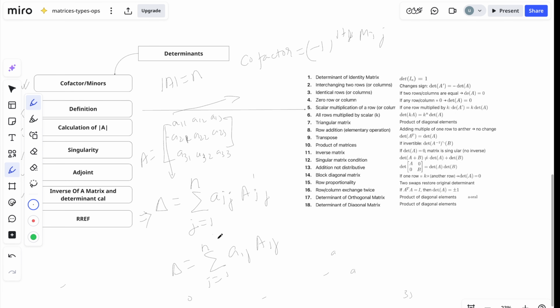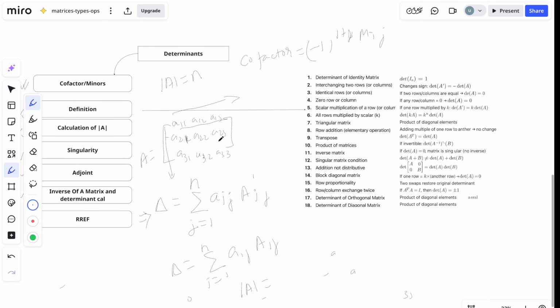So let's try and expand this for this particular matrix A. Along the first row, and it's not necessary that you calculate for each of the rows, just the first row or any column you can choose. So this will be the value A11 dot cofactor of A11, right? So the cofactor of A11 would be minus 1 to the power of 2.